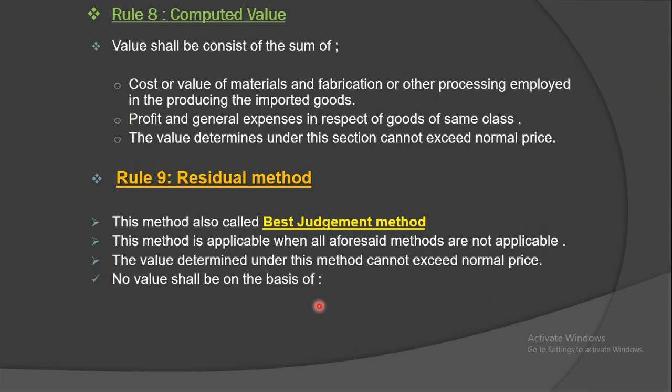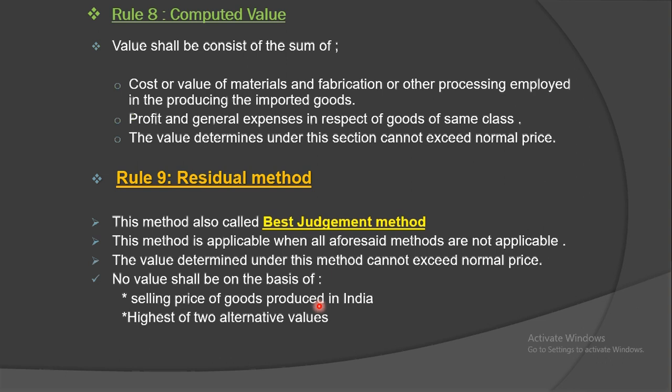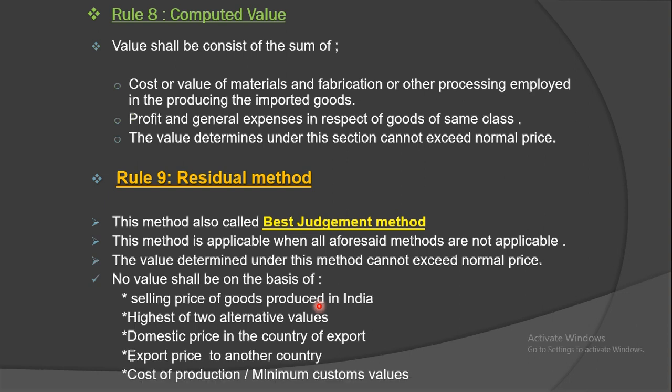No value shall be determined on the basis of methods like the selling price of goods produced in India, the highest of two alternative values, the domestic price in the country of export, export price to another country, cost of production, or minimum customs values. So we will not take any of these to reach the assessable value under the residual method. Let's move to the next slide.